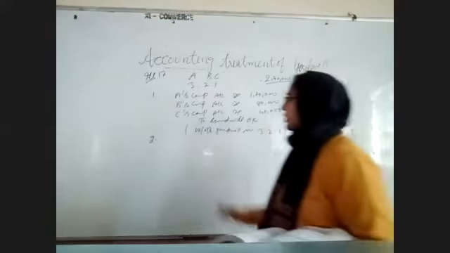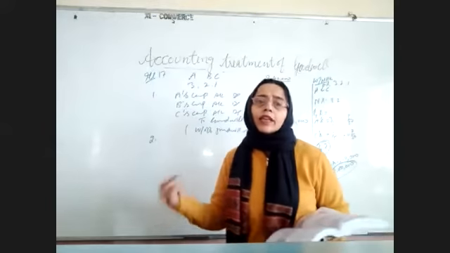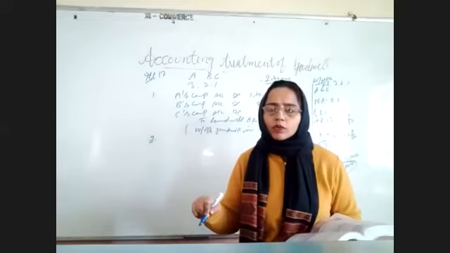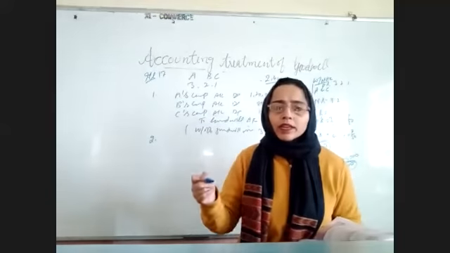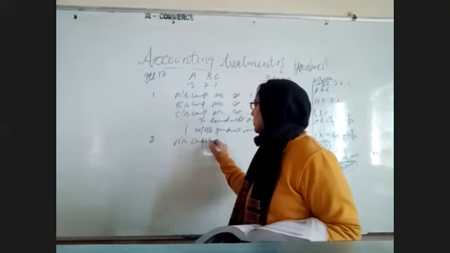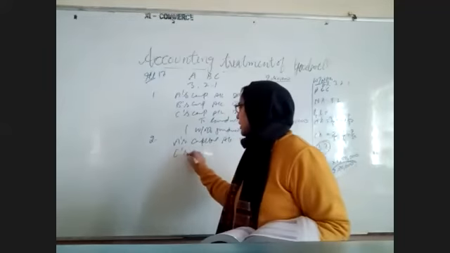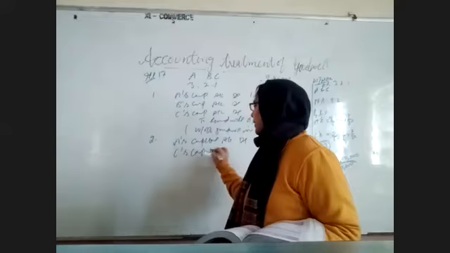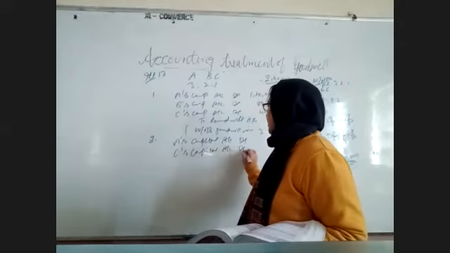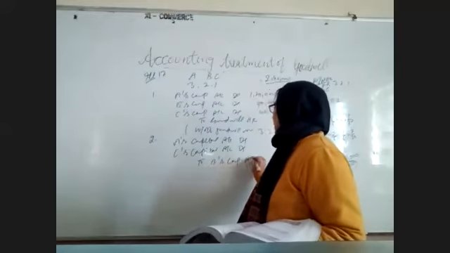So entry will be continuing partners' capital account debit to retiring partner. Okay, so continuing partners are A and C. So A's capital account debit, C's capital account debit to B's capital account.